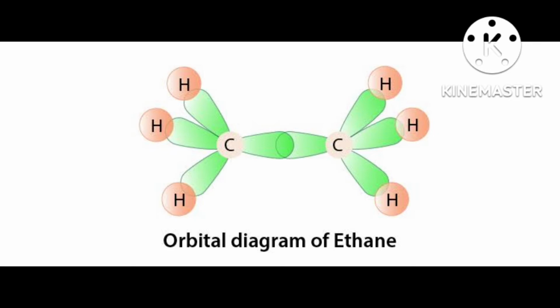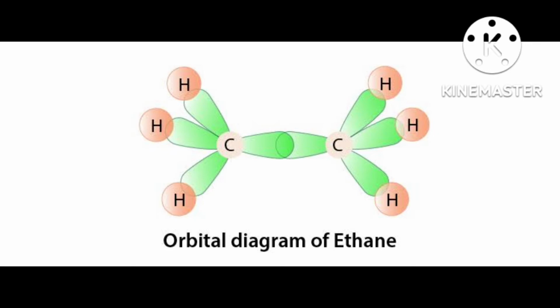That is, carbon nucleus and hydrogen nucleus, carbon is more electronegative than hydrogen. Hydrogen is electropositive. That's why the hydrogen electron will come closer to carbon.